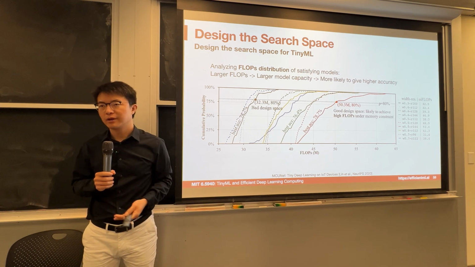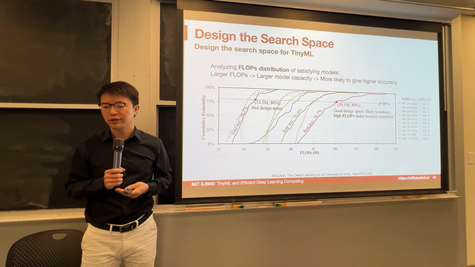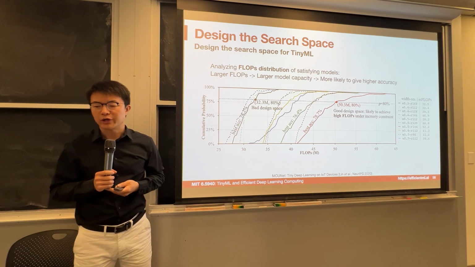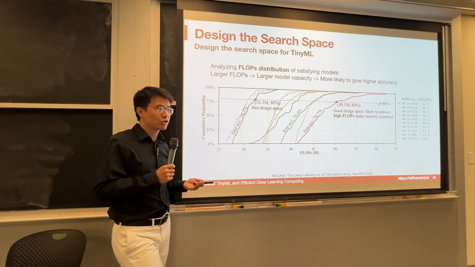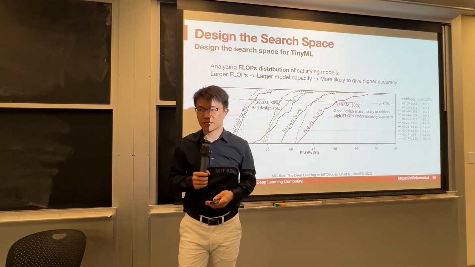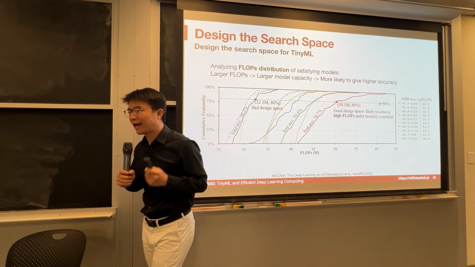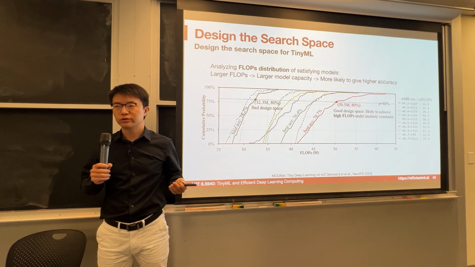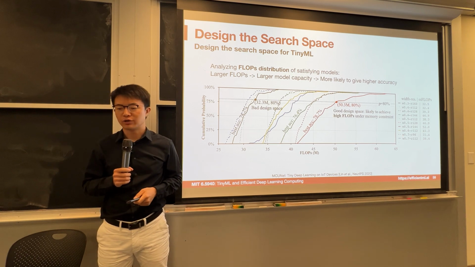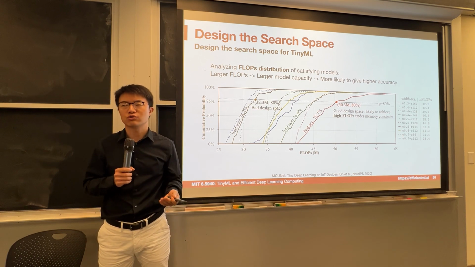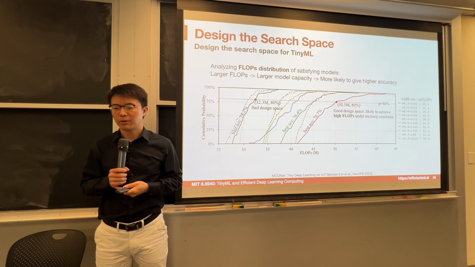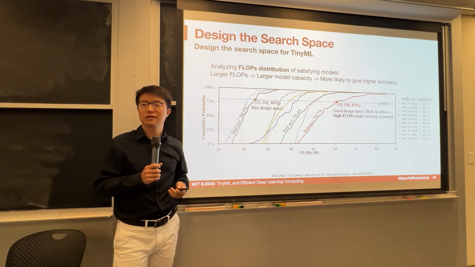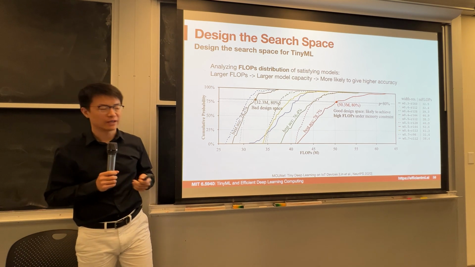So given the same memory, if a model can have a larger number of FLOPs, it indicates it has a larger capacity and is more likely to achieve higher accuracy. So without training, we use that as an approximation. So under the same memory constraint, what is the maximum number of FLOPs you can fit into that memory? And that is our heuristic.